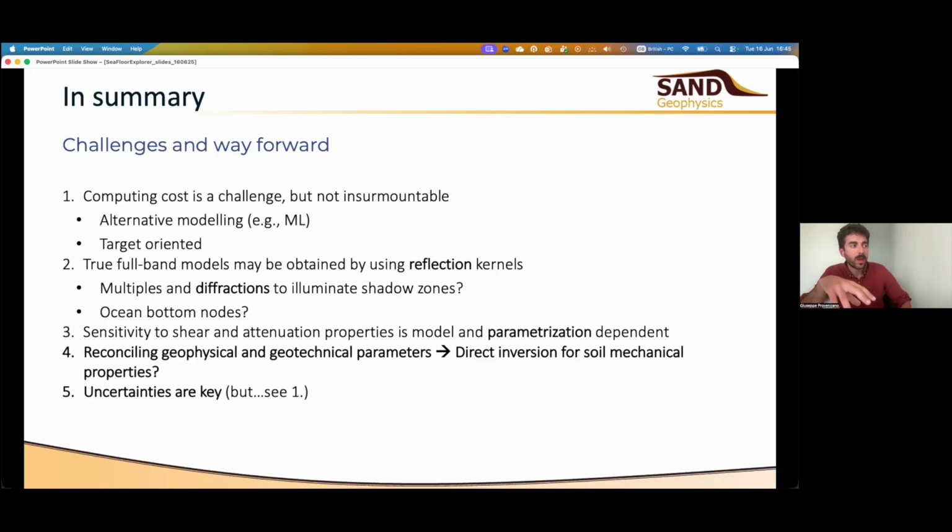But perhaps something can be done in the direction of direct inversion of the wave field for soil mechanical properties, or maybe that won't be necessary, and my question will be just surpassed by the new technological developments in machine learning and artificial intelligence, who knows?